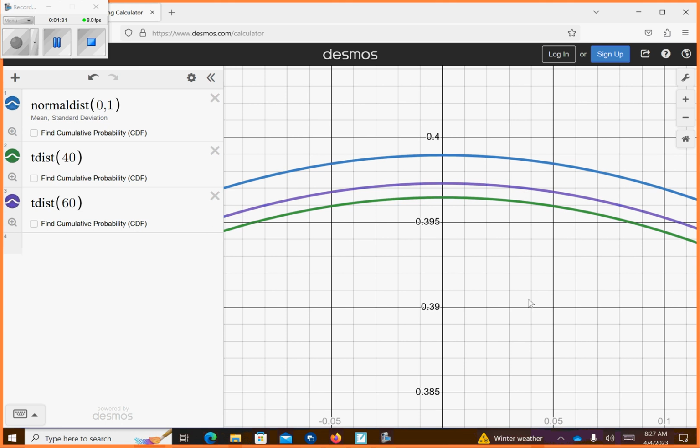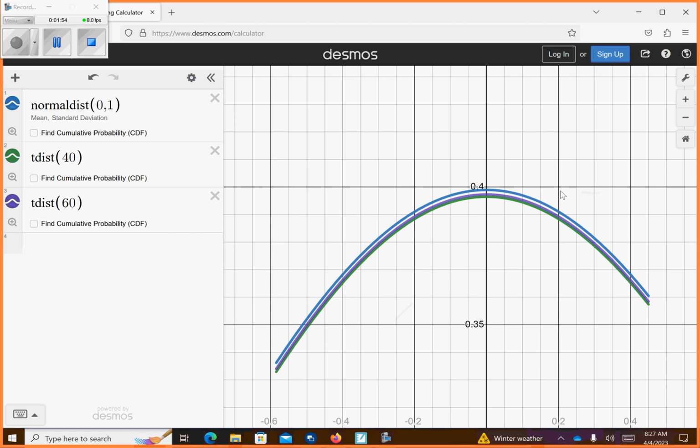I know it's not showing the whole distribution, but I'm just looking at the top. Which one seems to be closest to the blue? The one that has the 60, which is the purple, or the one that has the 40, which is the green? Yeah, the 60. So the higher your degrees of freedom, the closer it approaches to be a normal distribution.